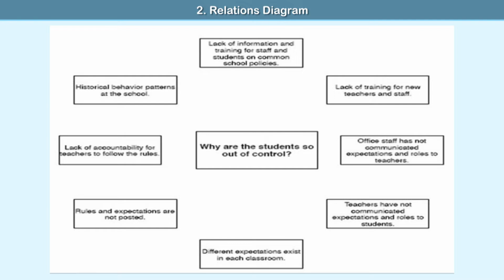The problem existed for years, surviving several different administrations and staff changes. Each of the causes below was identified and grouped together through a think, ink, link activity.